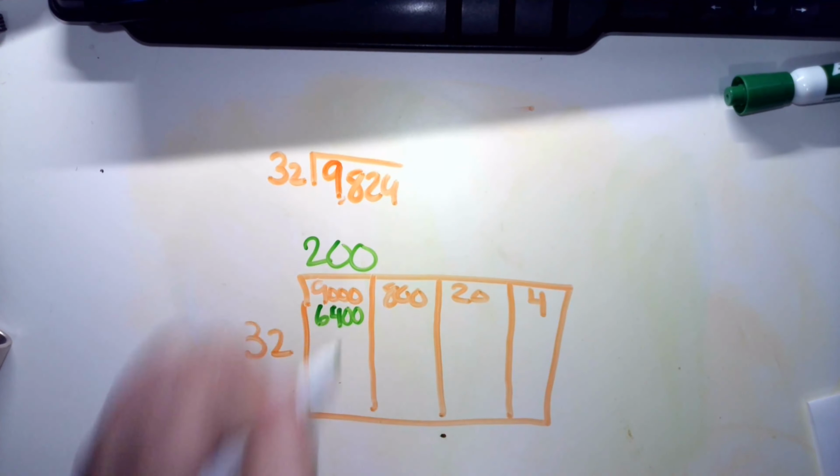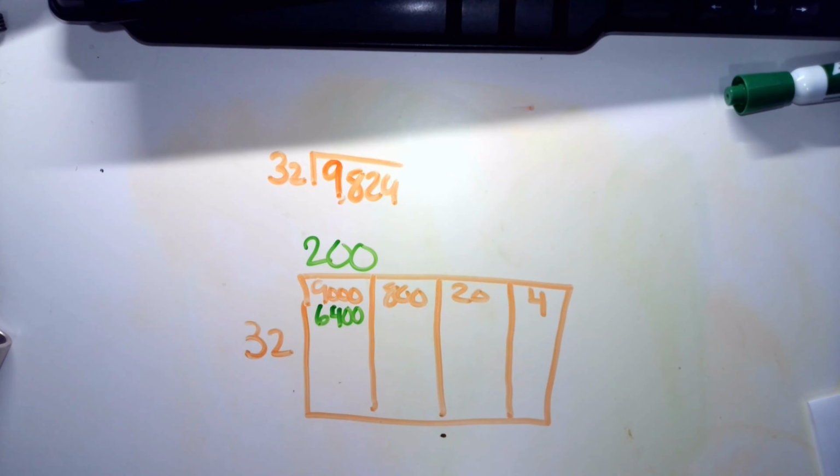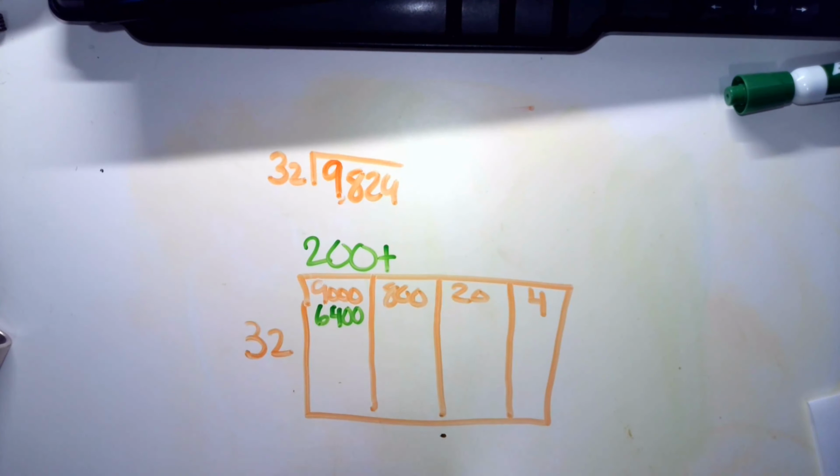I add them down here. 32 times 200 is 6,400. Now I'm really close to 9,000. And my number is more reasonable. So I have 200 up here. And I'm just going to put a little plus sign because I'm going to add those up at the end.